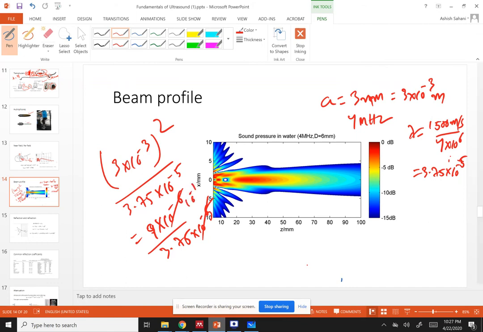So this is equal to 2.4 into 10 to the power minus 1 meters, that's equal to 0.24 meters, which is 240 millimeters actually.